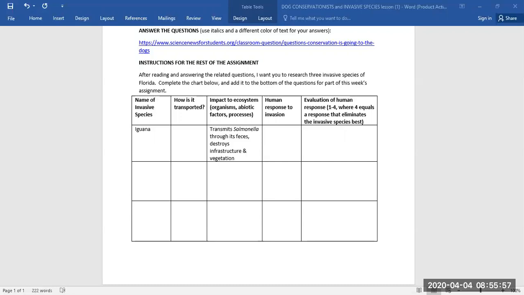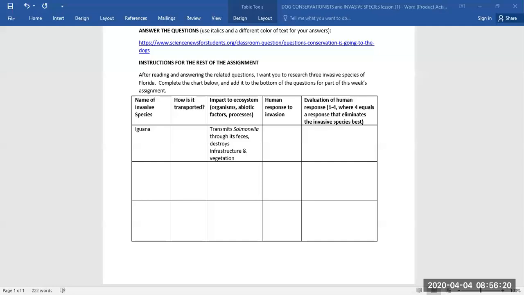let's see what else it says here. It also says here that the State Wildlife Commission, same thing, that they're just allowing us to kill iguanas now.